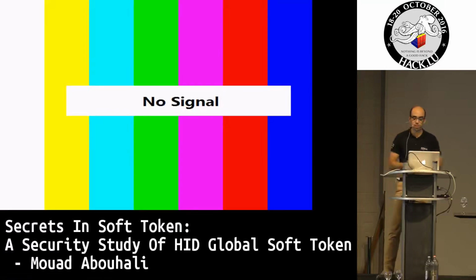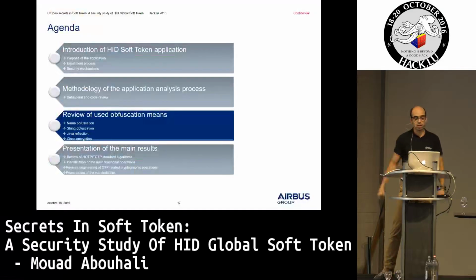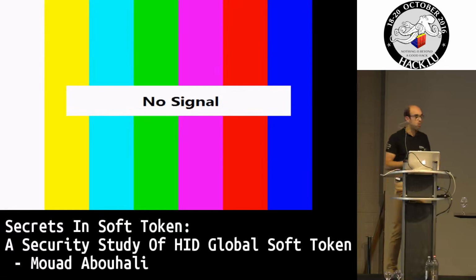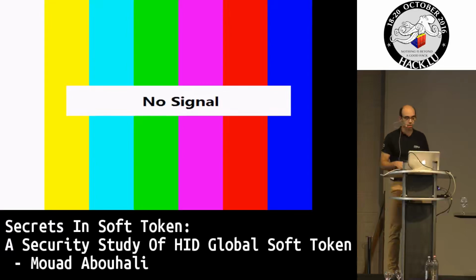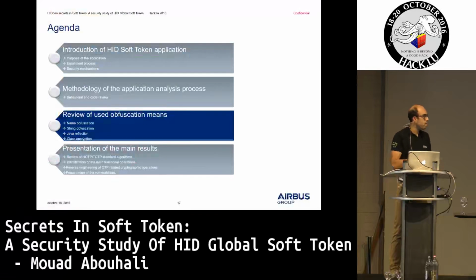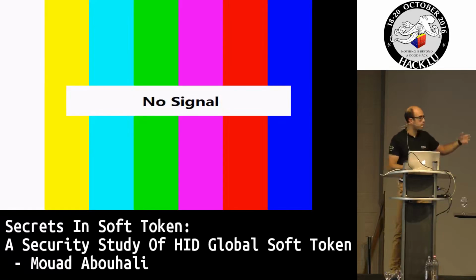We just replace all the meaningful information that can be embedded into an application by non-meaningful names, as you can see here, and why not use Unicode characters. Reading this kind of code, I can assure you, is very, very hard. My main work consisted in translating these names into something that has a meaning, so I refactored all the code to have something like this. So that was the first mechanism.